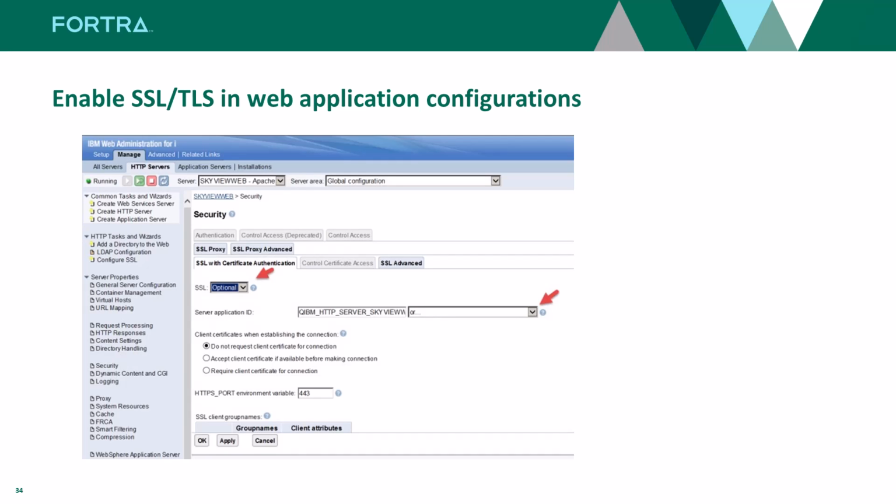As an example, we'll be using one of our help systems applications, Policy Minders Web UI. So you would go to the web application configuration, you would enable it for SSL.